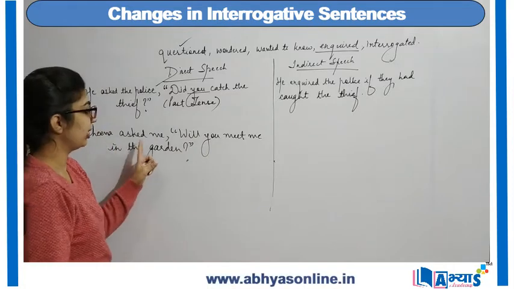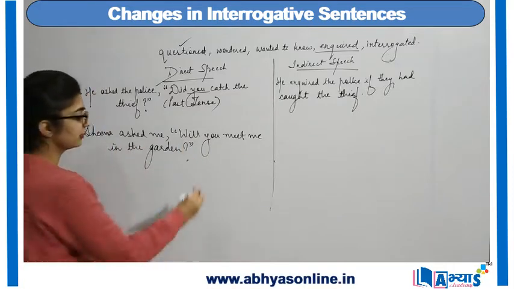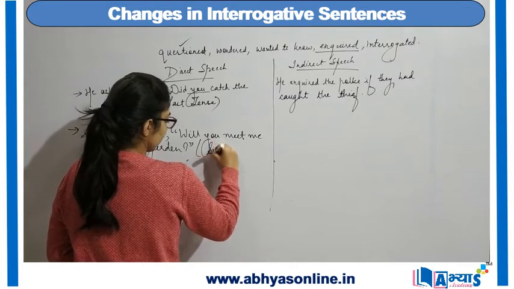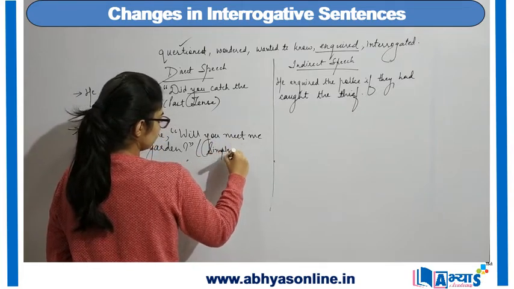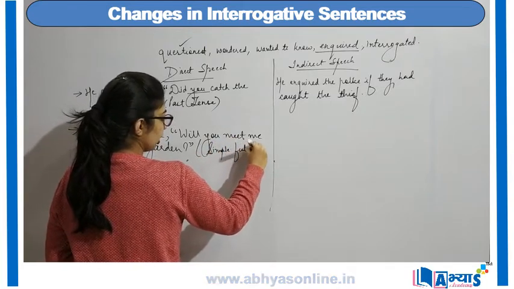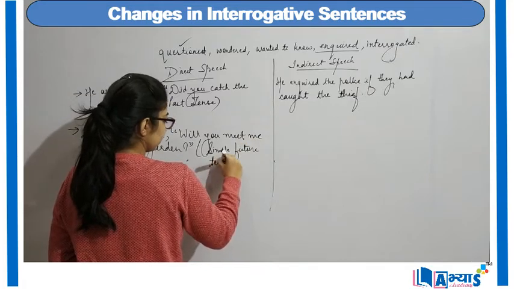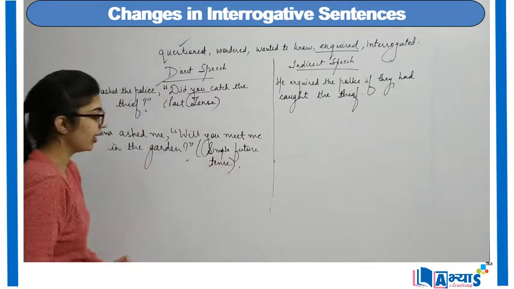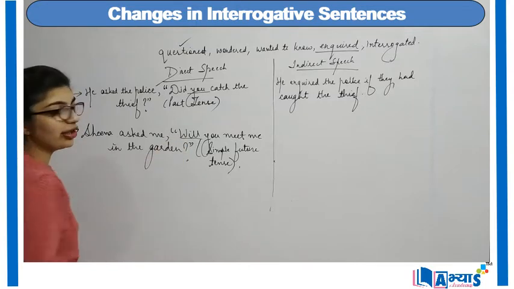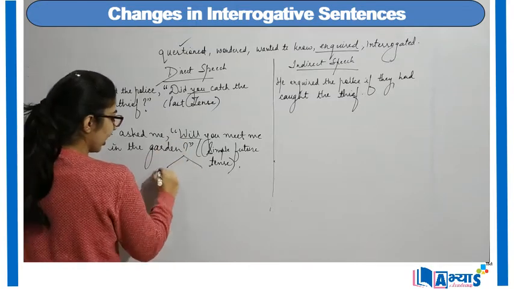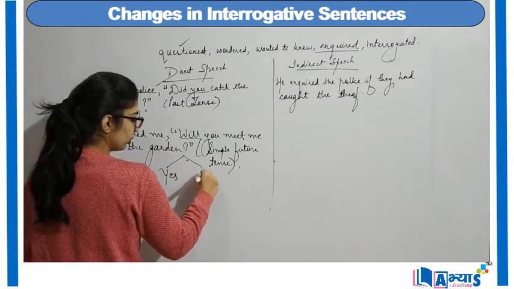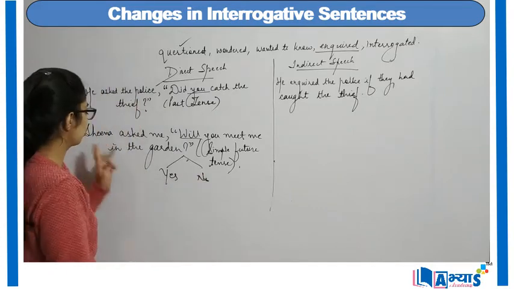Sheena asked me, will you meet me in the garden? Simple future tense. Right? Now this is again will. Will is again of yes or no format.